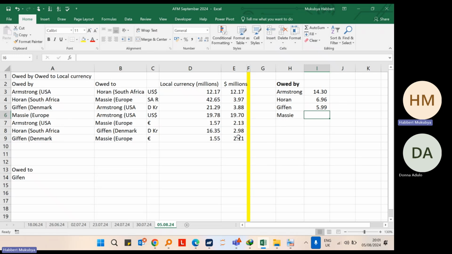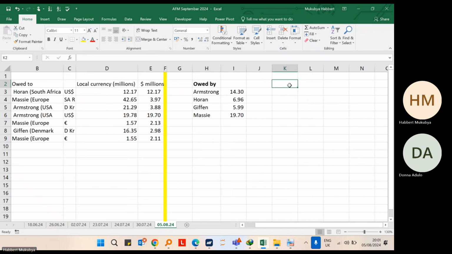Then Massey, 19.7. I think Massey appears only once. So these are the owed by.